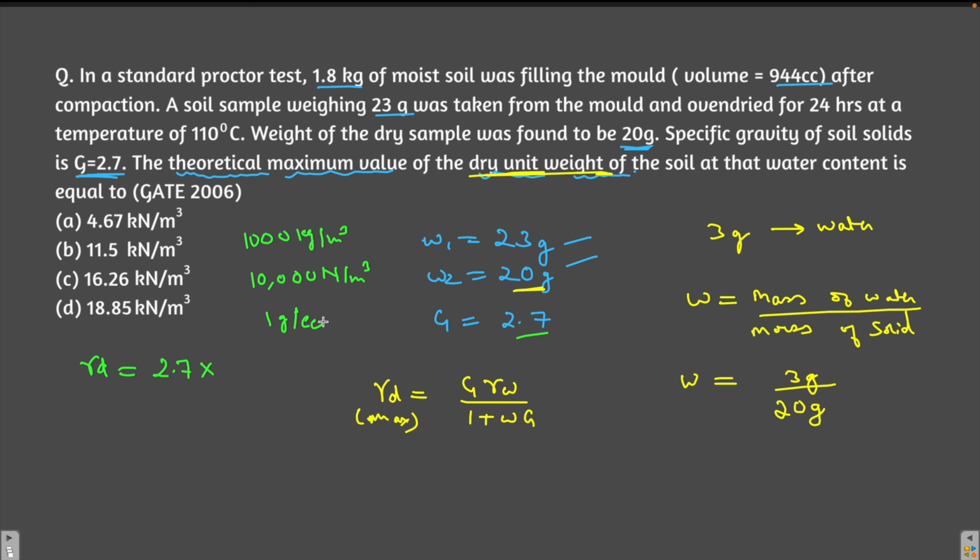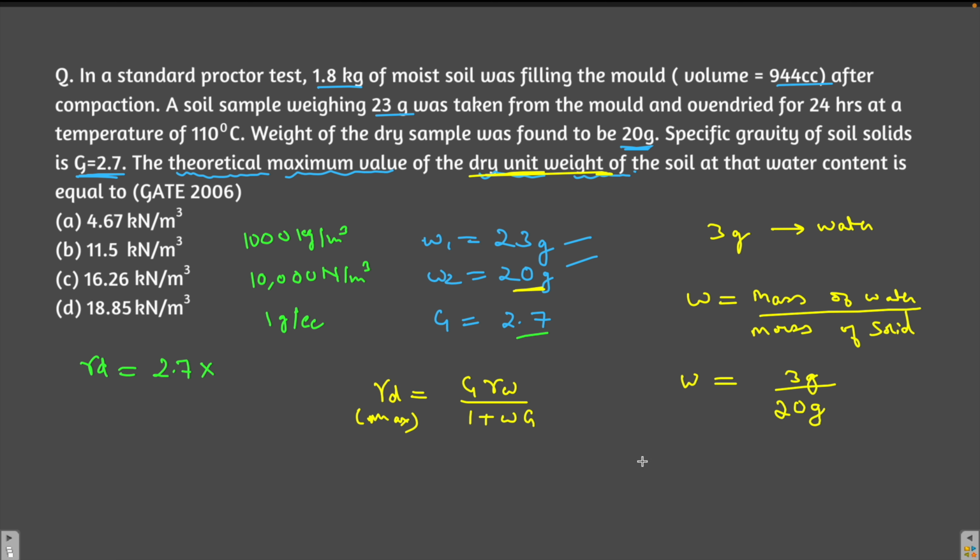You will take the unit weight of water according to these options. It is given in kilonewton per meter cube, so you will take the unit weight of water in kilonewton per meter cube. So what is the unit weight of water in kilonewton per meter cube?